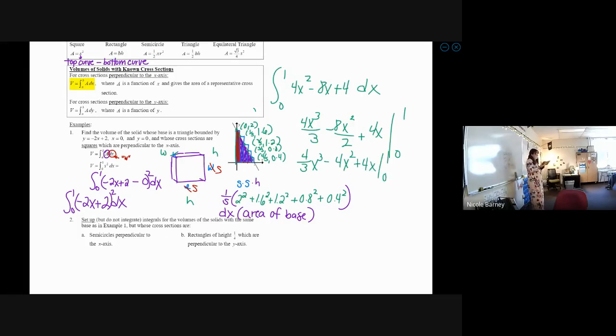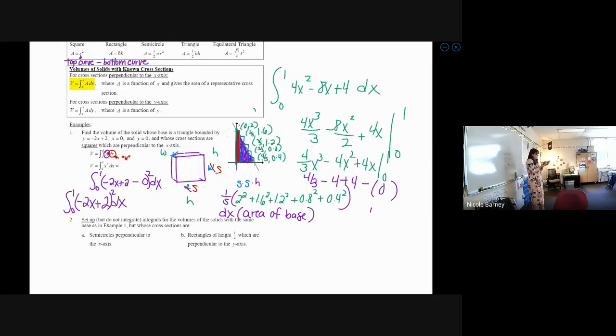So we have 4/3 minus 4 plus 4, so shouldn't it just be 4/3? Yeah, 4/3. Because when I plug in 1, I get 4/3 minus 4 plus 4. And then I subtract 0 because it's 0, 0, 0.